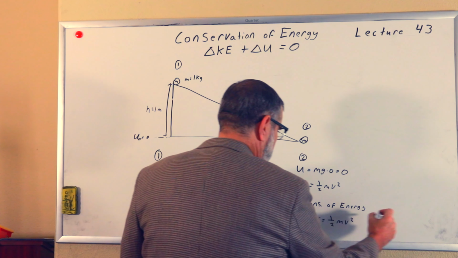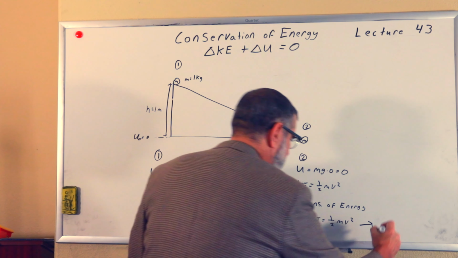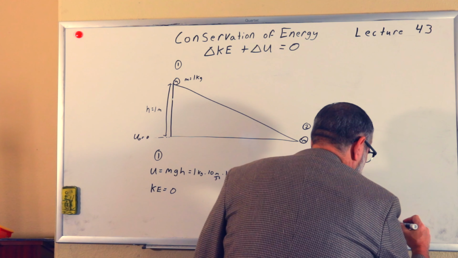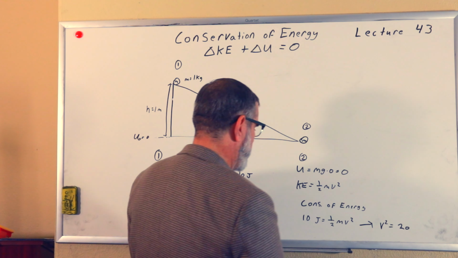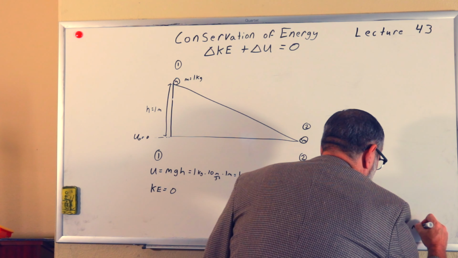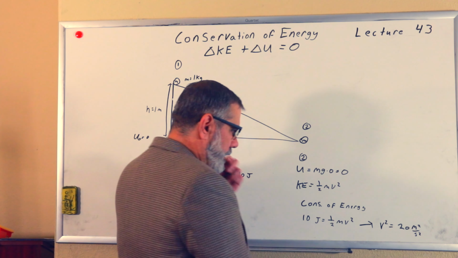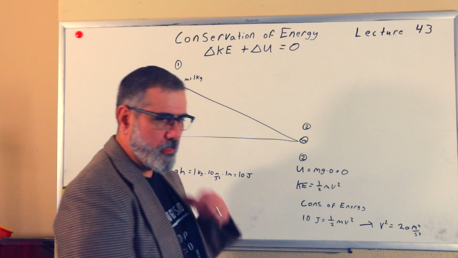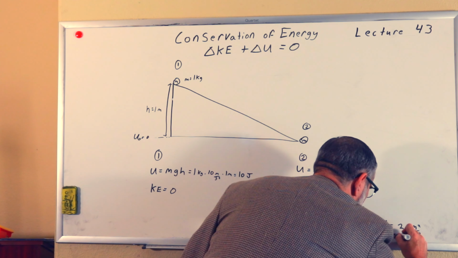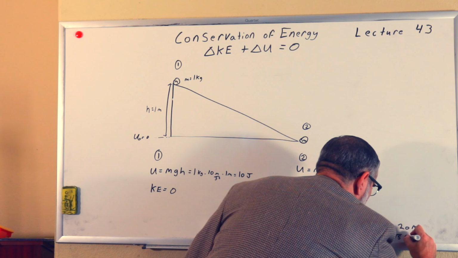So this tells us that the velocity squared is equal to 2 times 10, which is 20, in meters squared per second squared. And now I need to take a square root of that to see what the velocity is. So our velocity would be the square root of 20. 5 times 4 is 20, so that's going to be 2 square root of 5 meters per second.